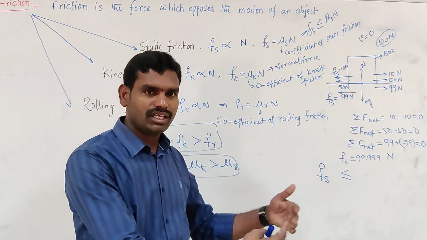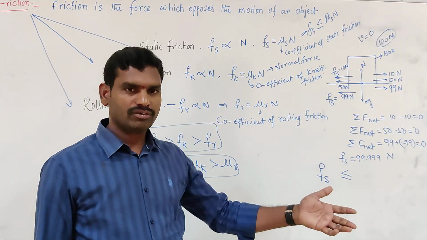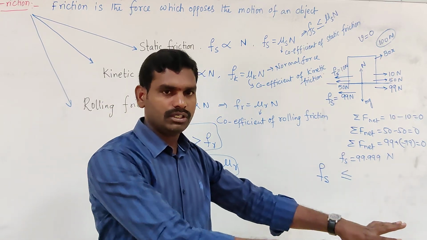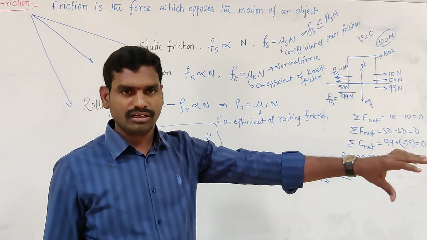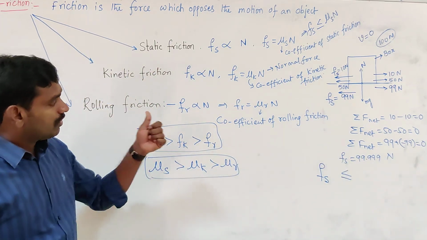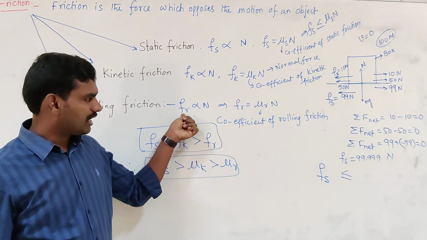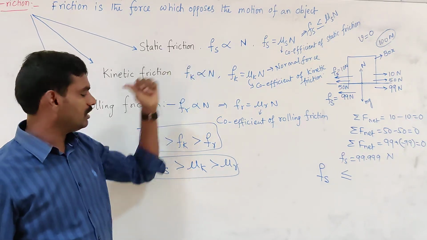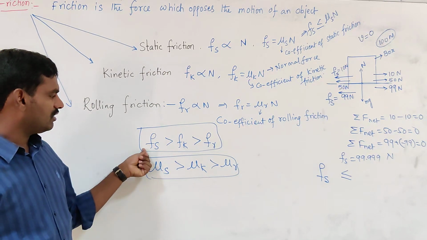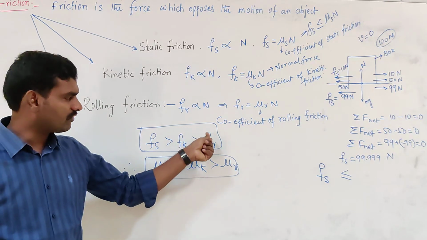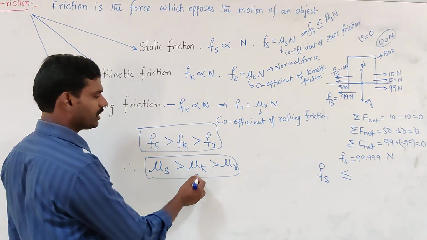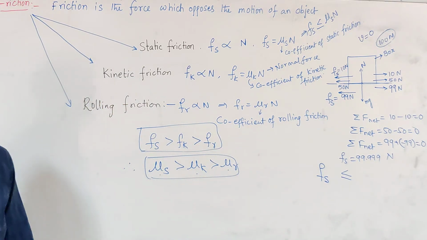Once we attach wheels to the box, rolling will be there. So for rolling friction, we need still less effort to keep the body rolling. So rolling friction is the smallest frictional force and static friction is the greatest frictional force. So static friction is greater than kinetic friction, which is greater than rolling friction. Therefore, mu s is greater than mu k, which is greater than mu r.